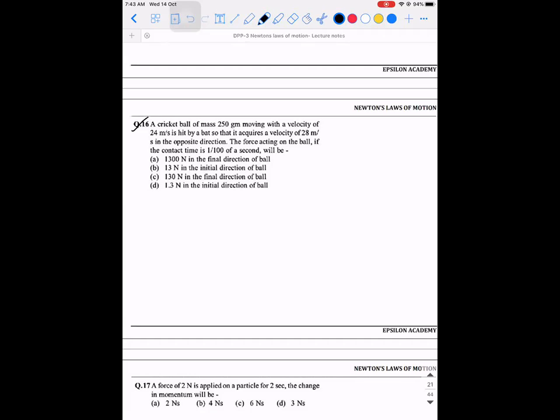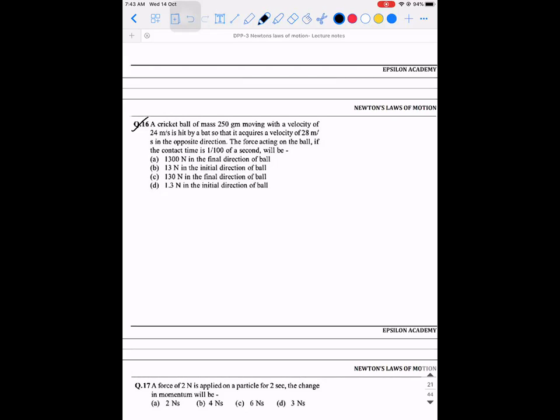What do you think is happening with respect to the ball before it hits and after it hits? There is a change in some parameter. What is changing? So why have they given contact time, guys? Impulse. Good, very good. Do it.